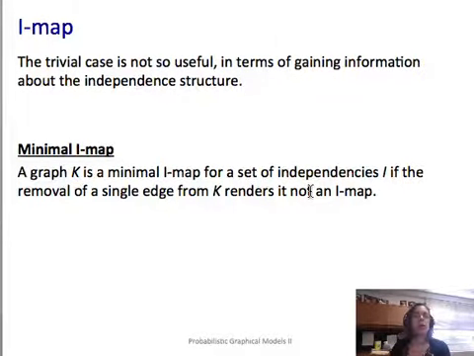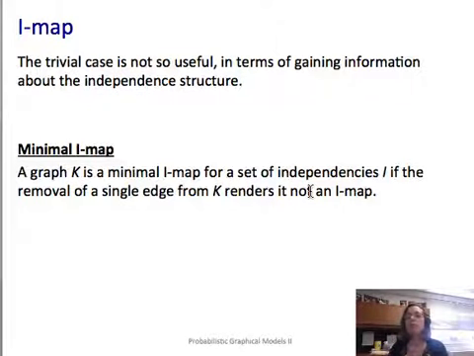So there's two levels above this I-map definition. One is called a minimal I-map, and this one is a graph K is a minimal I-map for a set of independencies I if the removal of a single edge from K renders it not an I-map.